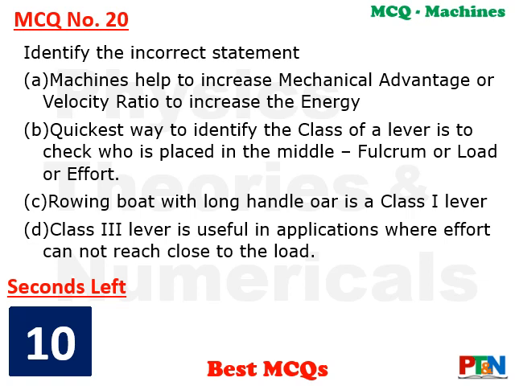Quickest way to find the class of a lever is to check who is placed in the middle, fulcrum or load or effort. Option C, rowing boat with long handle oar is a class 1 lever. Option D, class 3 lever is useful in applications where effort cannot reach close to the load. You need to decide your option in 10 seconds time. Your timer starts now.